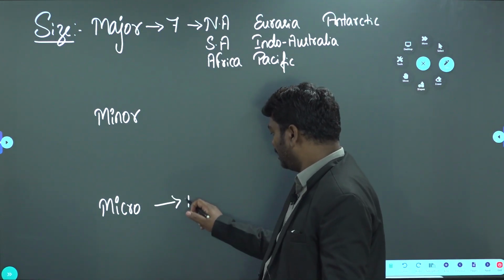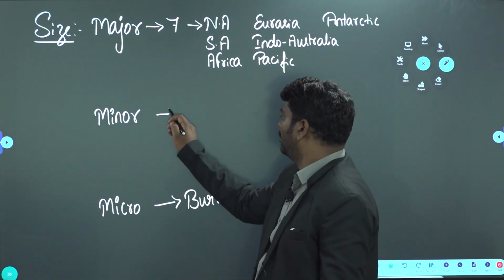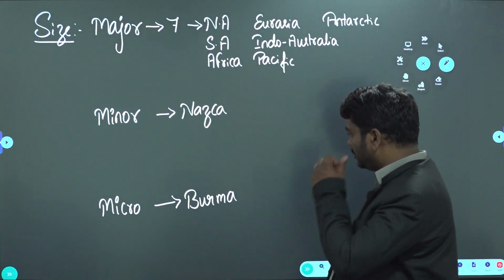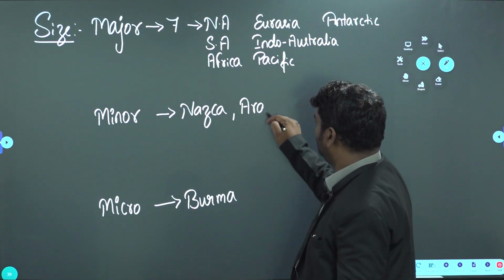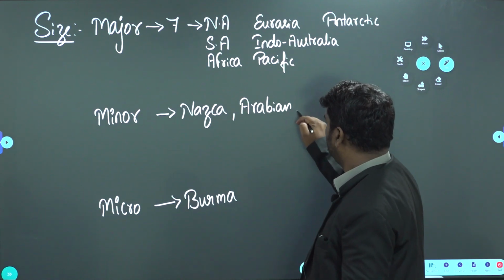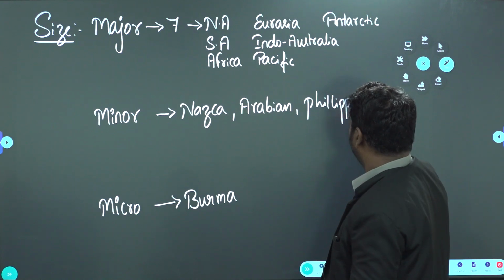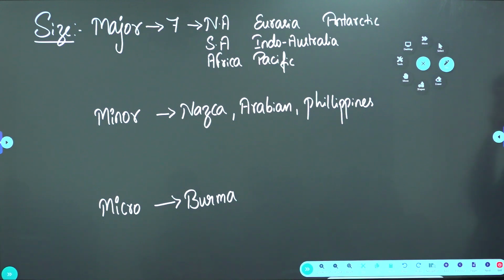Recently, Burma, it has a micro plate called Burma plate. Minor, Nazca. Arabian Philippines. This is on the basis of size.